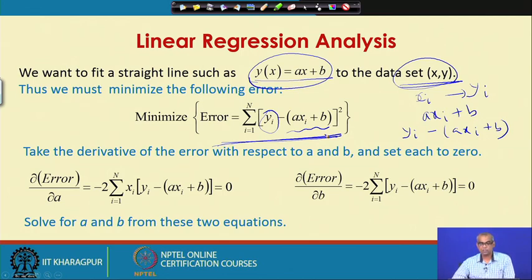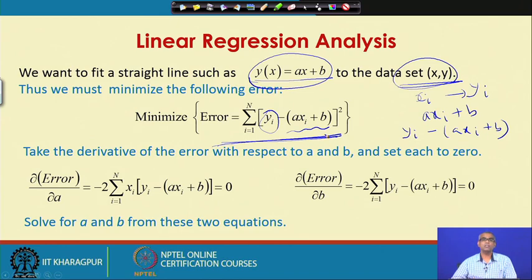Under that situation, y equal to a x plus b will be a best fit line that passes through the given data set. So, given a data set, I want to fit a straight line such as y equal to a x plus b. So, I define the error which is y i minus (a x i plus b) and sum all the squared errors.